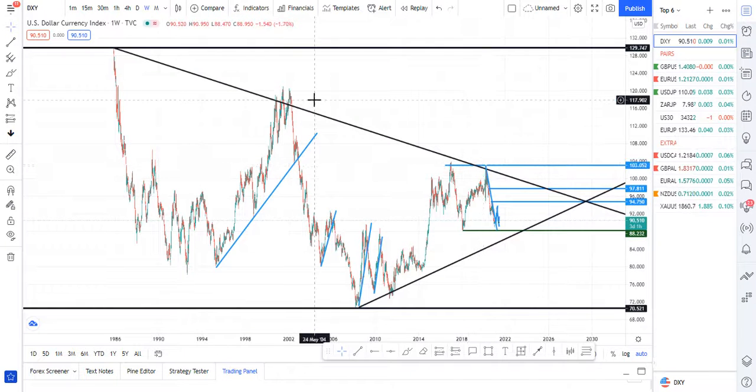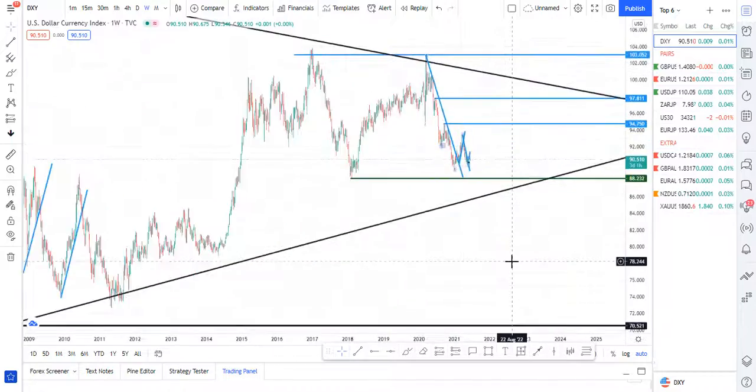And every time it touches a trend line, it's three touches, so it's 1, 2, 3. You should either expect a change of direction, or if not, it's going to respect that structure and do what it has been doing in the past. And that's what gives you an edge as a technical trader.